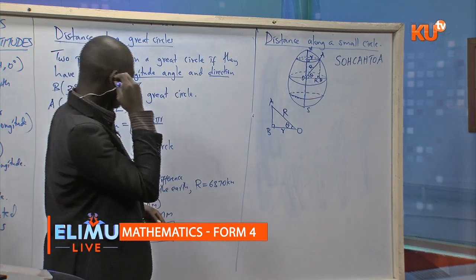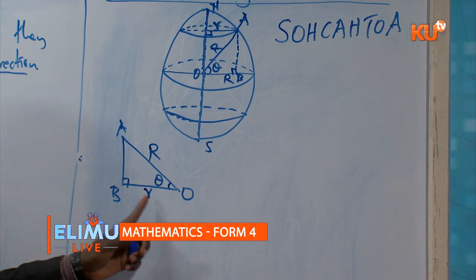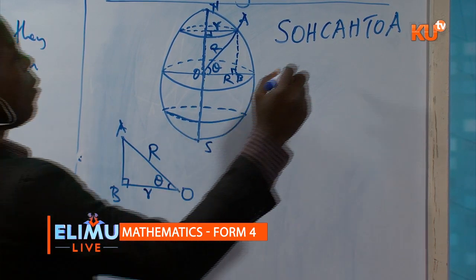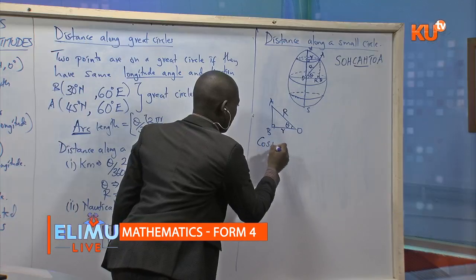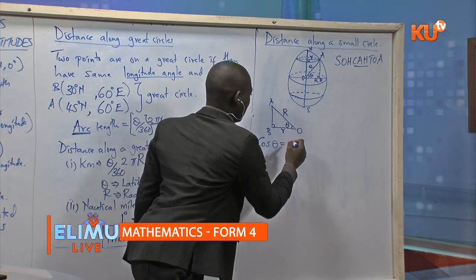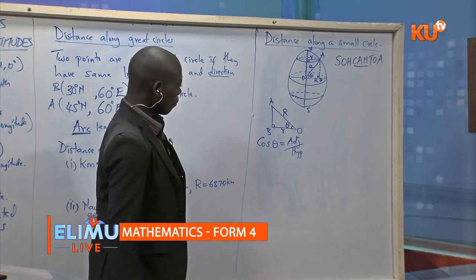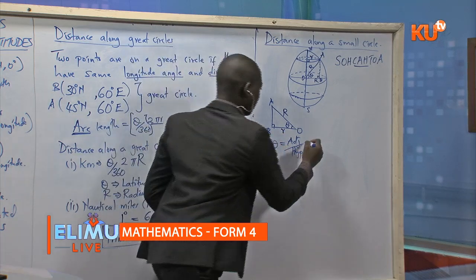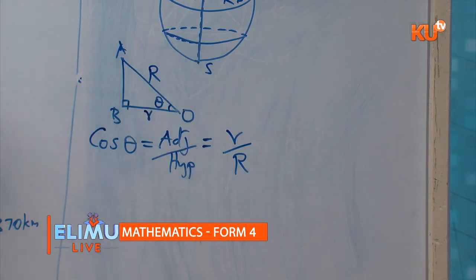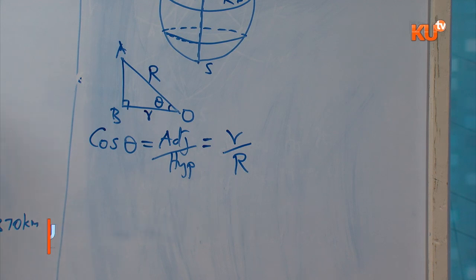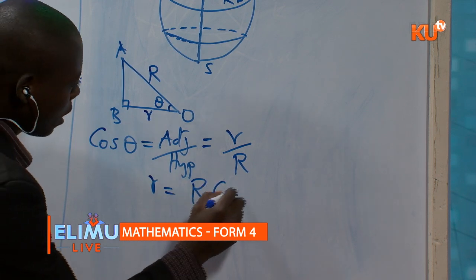And so it is easy to know that when we are given r and R, where r is the adjacent and R is the hypotenuse, then we use the cos relationship. So we'll say cos theta is equal to the adjacent side over the hypotenuse side. What's the adjacent? It is small r. And what is the hypotenuse? It is capital R. And so, our small r will be equal to capital R cos theta.